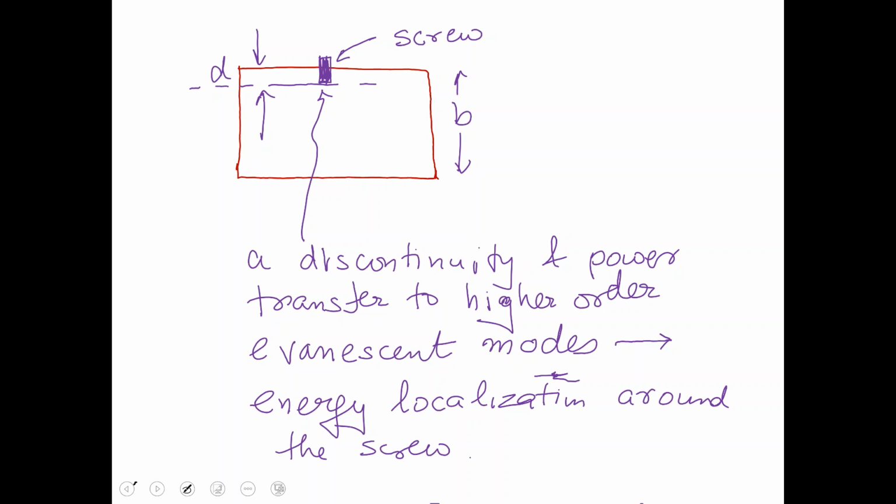Normally you use the screw because you want to be able to change the height depending on the wavelength. You can optimize the capacitance or the inductance that way. If the screw is below half of B, it basically behaves like a capacitor.